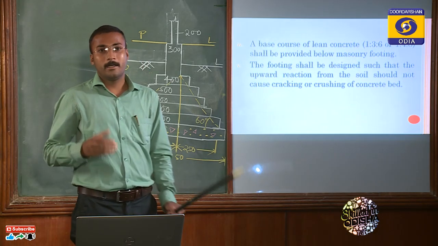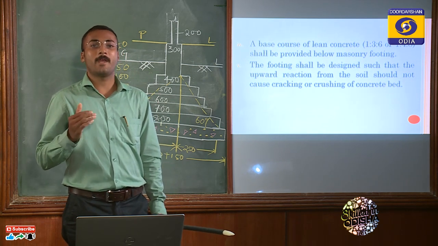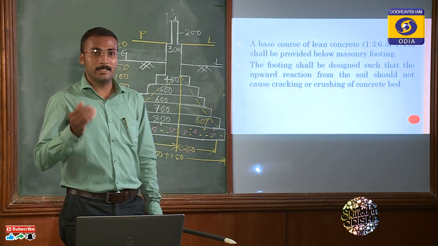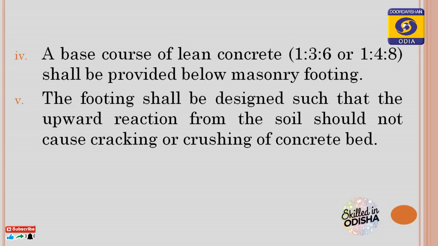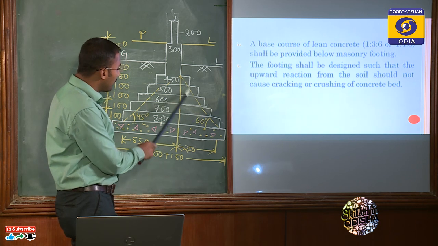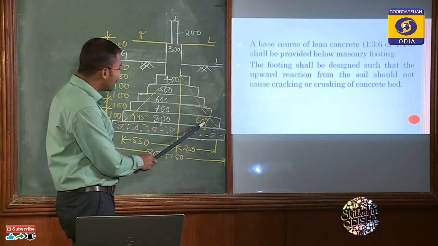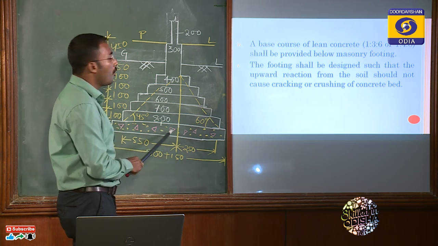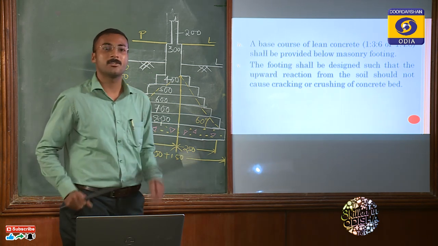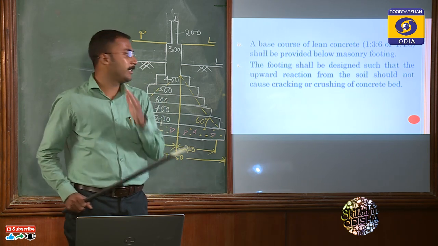As we know, it is in the ratio 1:n:2n, and in this particular course we have to keep it 1:3:6 or 1:4:8, which shall be provided below the masonry footing. So these are the series of footings, and below the last step we have to provide a lean concrete base of 1:3:6 or 1:4:8.